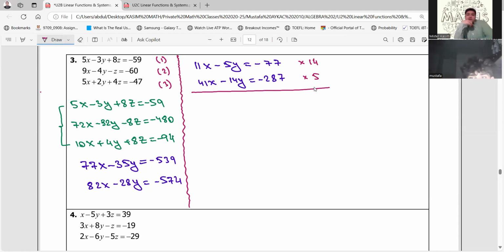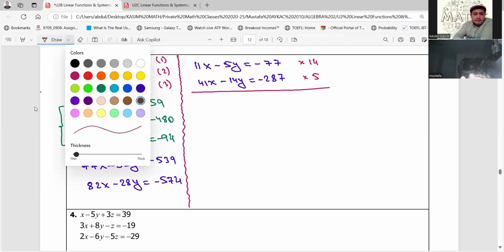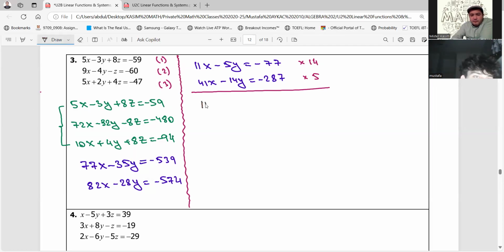Or tell me, I'm going to write the equation. Multiply by 14. What is 11 times 14? 154x minus 5 times 14 is 70y, minus 77 times 14, 1078.